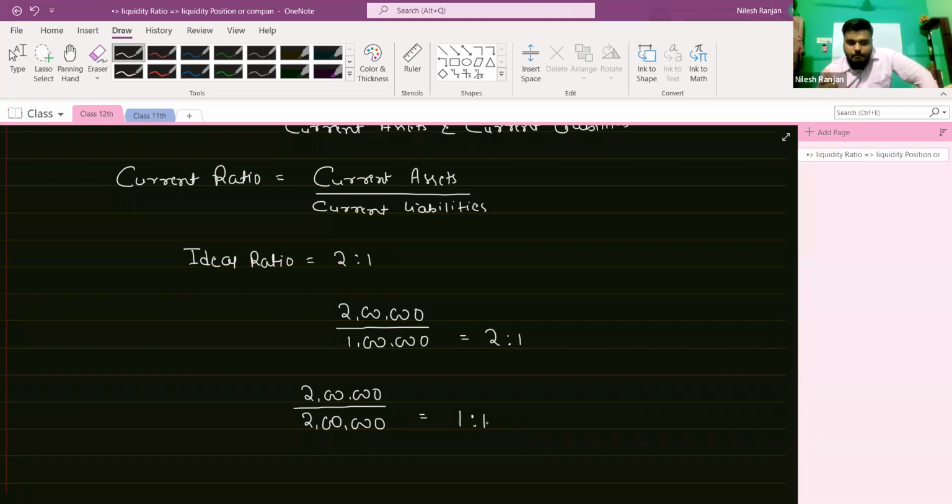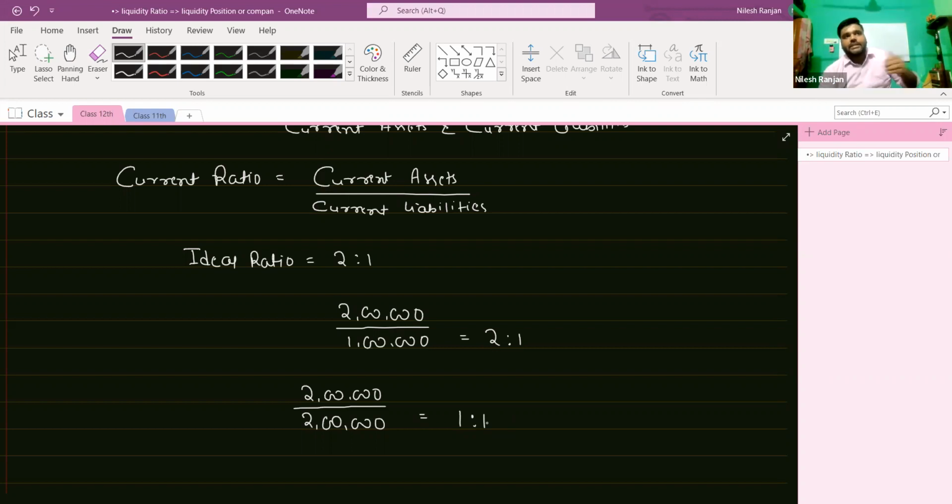Do you understand default in payment? Default means we didn't pay the money on time. So we didn't pay the money on time to the creditors, and now they will not give us anything on credit.